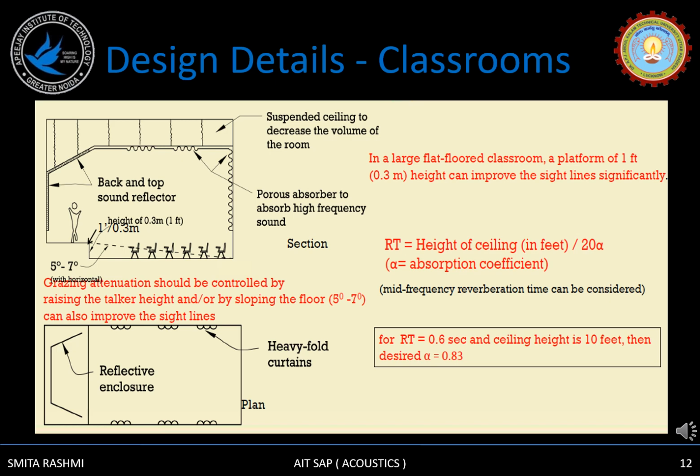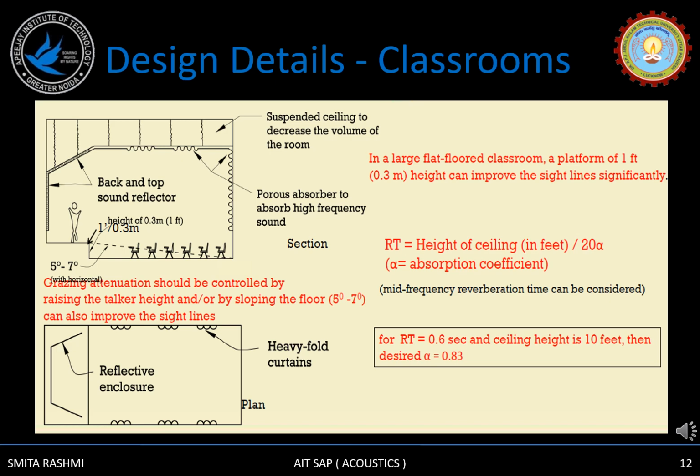As you can see, at the back of the speaker you can see the back end of the wall, there are reflectors, and above the speaker you can also see that there are reflectors. So never use any kind of absorptive material near the speaker.